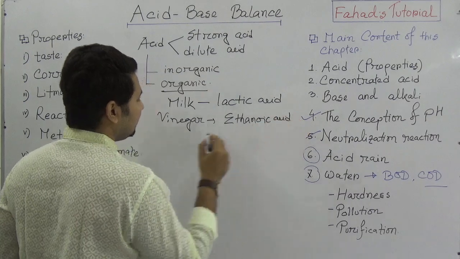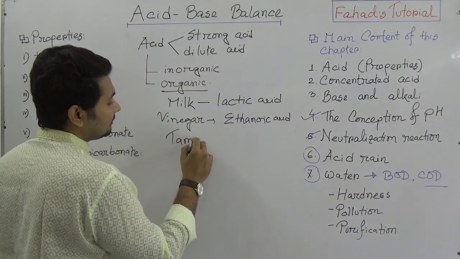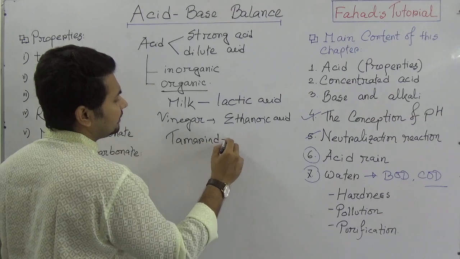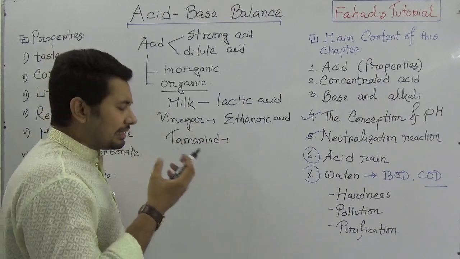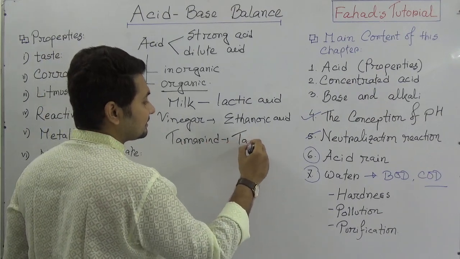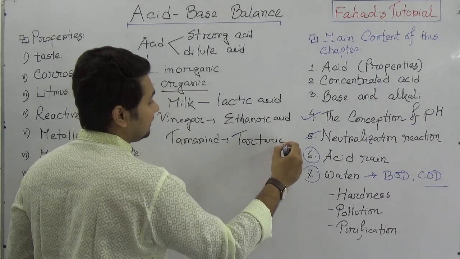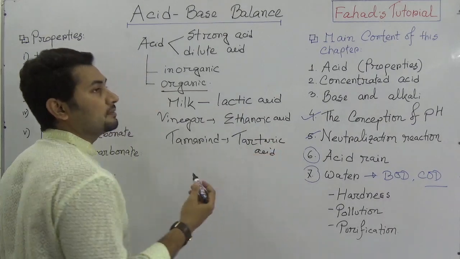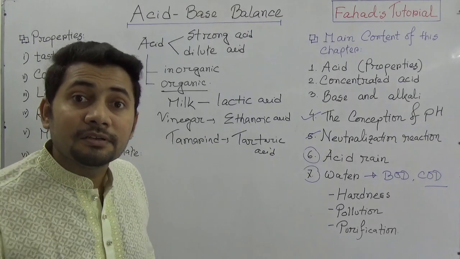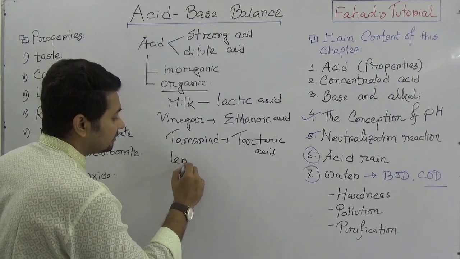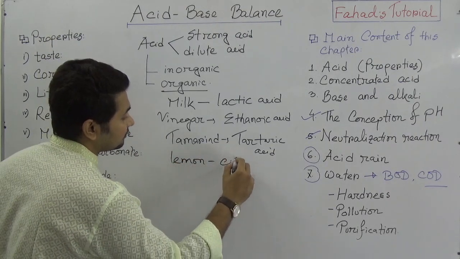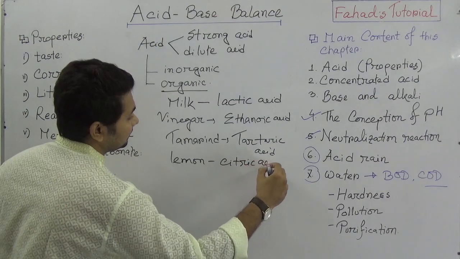acid. In tamarind, very well known in Bangladesh, it's tartaric acid. Or you can have lemon or orange. In lemon you will have citric acid.